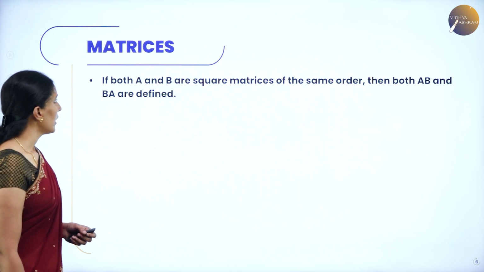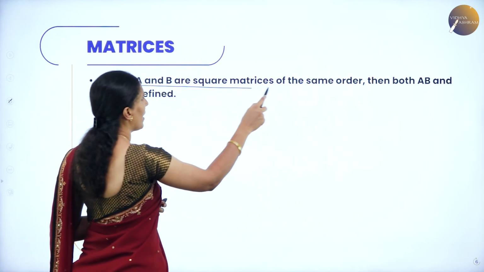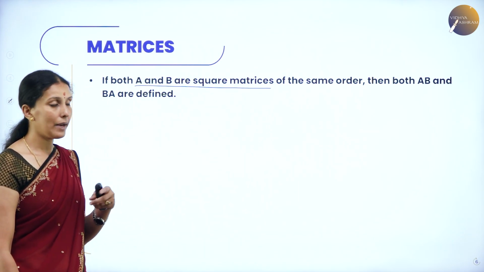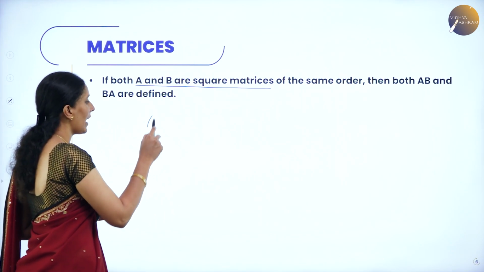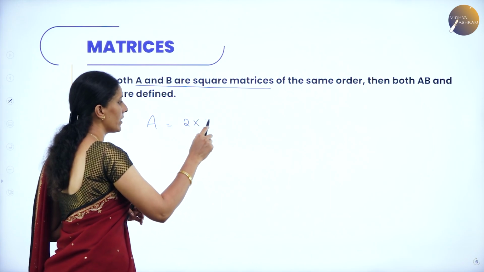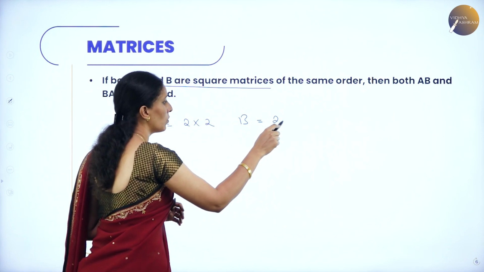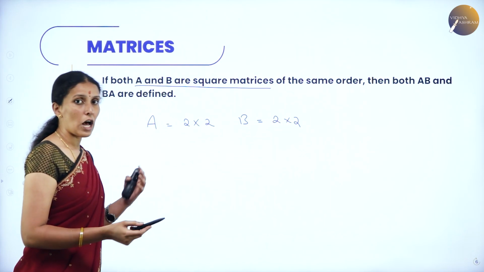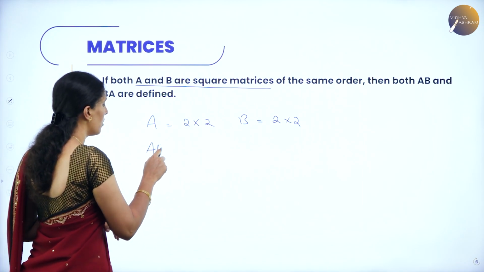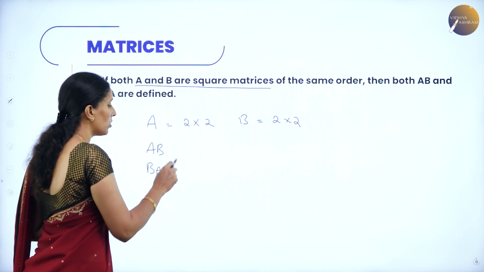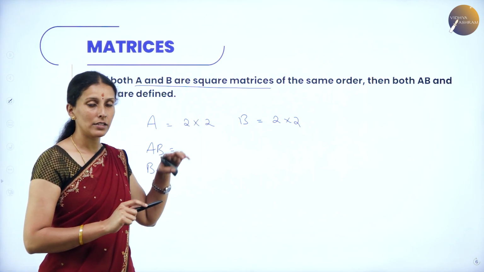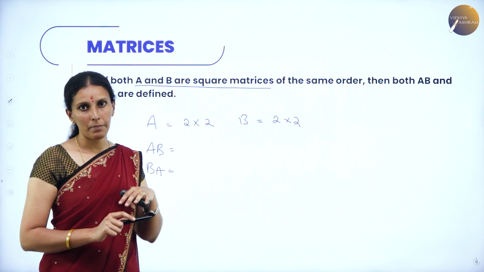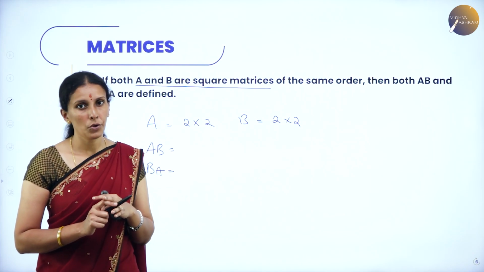Next point, if both A and B are square matrices of the same order, then both AB and BA are defined. Suppose A is a 2 cross 2 matrix and B is also a 2 cross 2 matrix, then however you take AB or BA, both are defined, because the number of columns and rows each time, whether you take BA or AB, will be equal to 2 only.